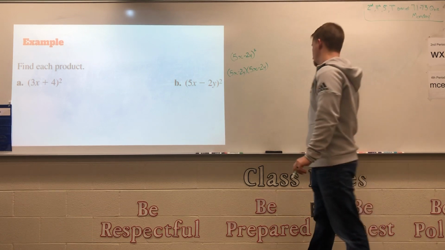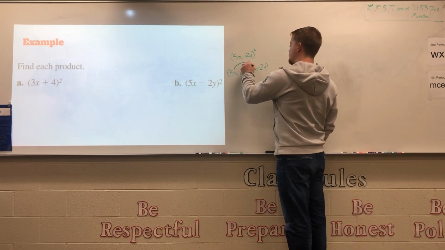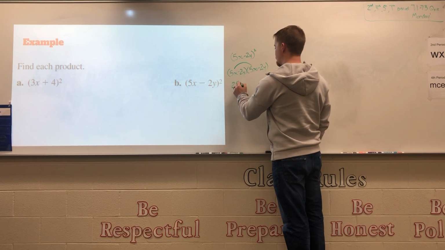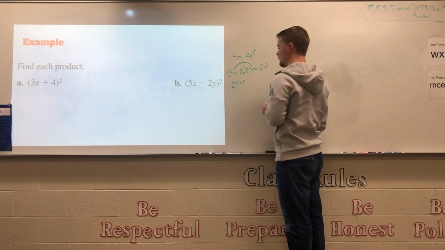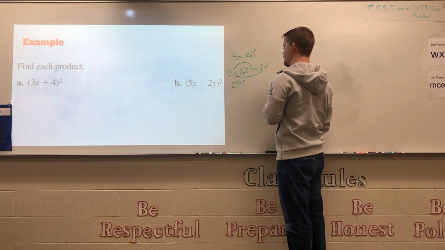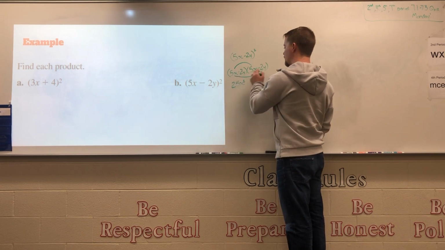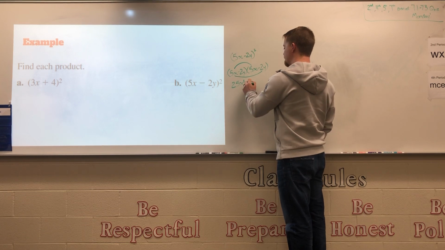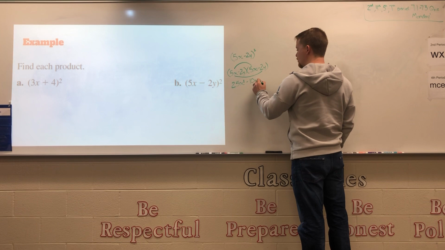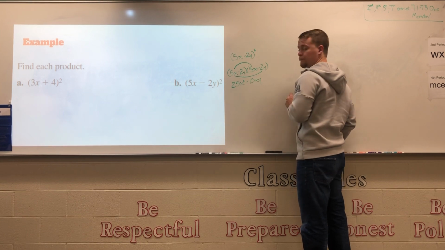Okay, so when I FOIL, we do 5x times 5x first. That is 25x squared. Then we go outer, 5x times negative 2y. We multiply the coefficients, that's negative 10. And then x and y cannot be combined, so we just put them together as xy.